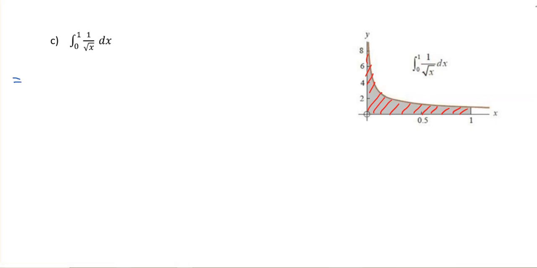Since the lower limit is the reason why the integrand becomes unbounded, we write limit a approaches 0 plus. In place of 0 you write a, so a to 1, 1 over square root of x dx. I'm writing 0 plus because we are considering all the values which are greater than 0.